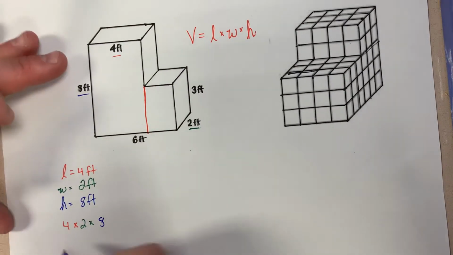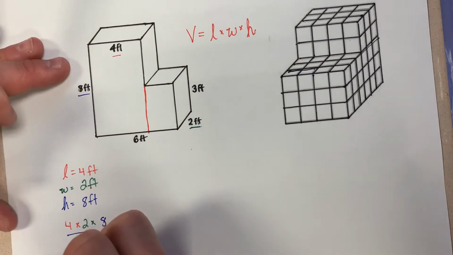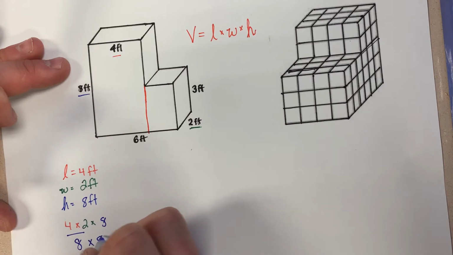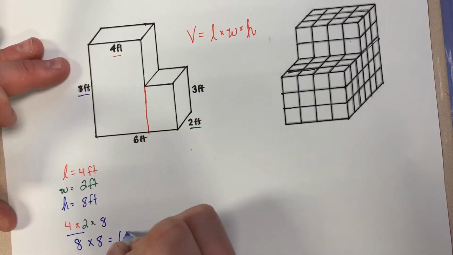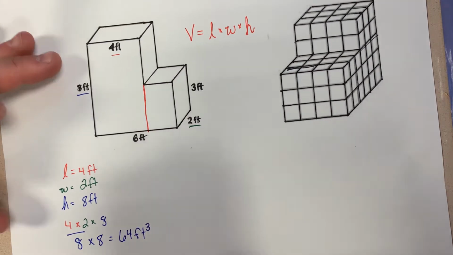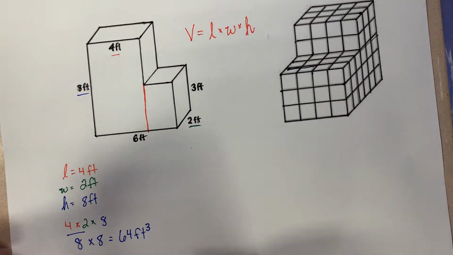All right, so 4 times 2 is 8 times 8 is 64 feet cubed.